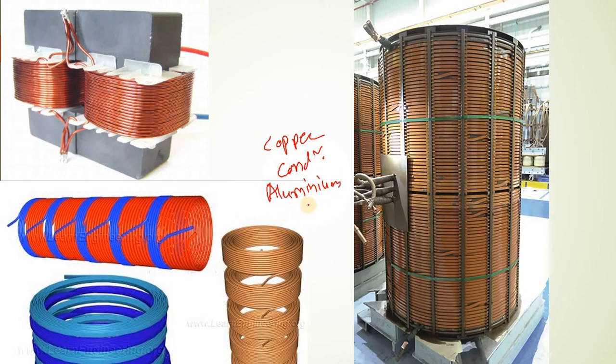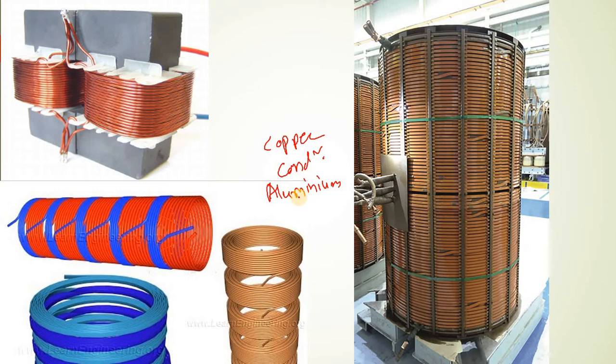But as we know, the conductivity of copper is very high in comparison with aluminum, and the mechanical strength of the copper conductor is very good. So copper conductors are used for very high rating transformers, where efficiency is in consideration while designing the transformer.